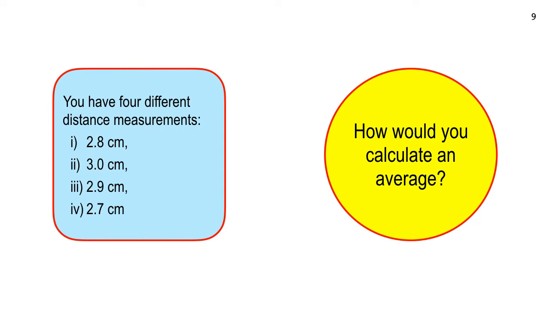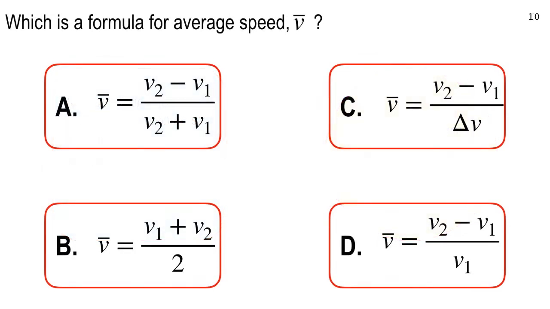So, here we go. Here's the first clicker question. All right, question number 1. Which of these is actually a formula for average speed?